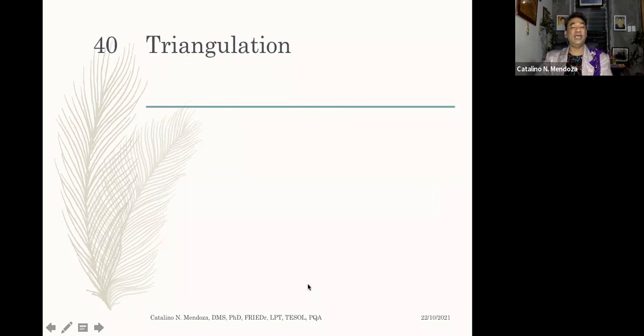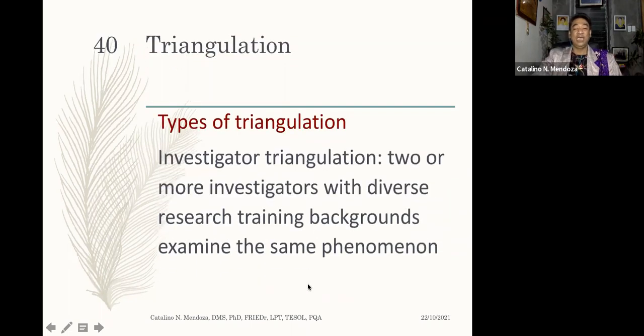So the next one is investigator triangulation, meaning two different researchers on the same focus. Let's say more on COVID-19. So most probably COVID-19 has different areas. Let's say, for example, the vaccination. Each country has their own inventions or formulations, like AstraZeneca and Pfizer.